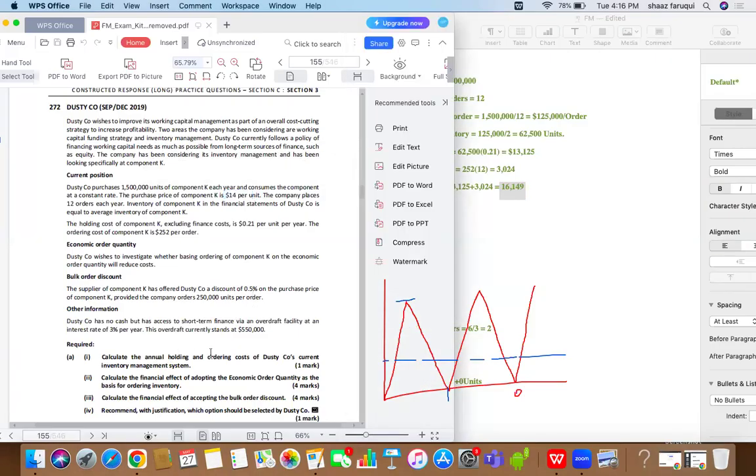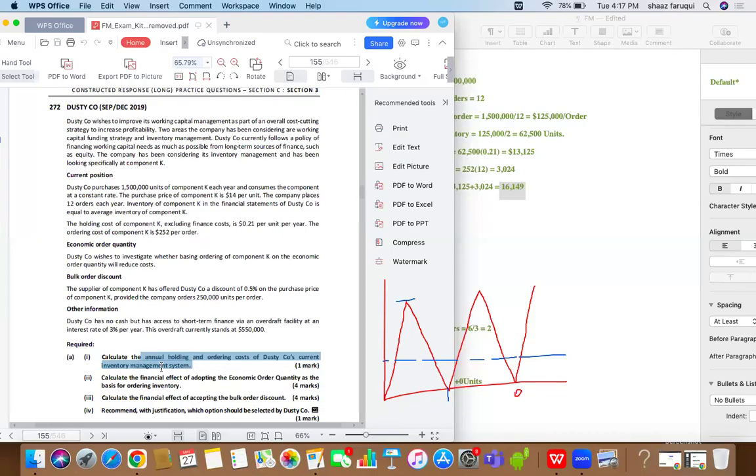The question says: calculate the annual holding and ordering cost of Dusty Co's current inventory management system. So whatever we've done here, we've scored only 1 mark. How can we know when to add the purchase cost and when not to? The question will tell you. Read the question. The question simply wants to know the holding cost and the ordering cost.